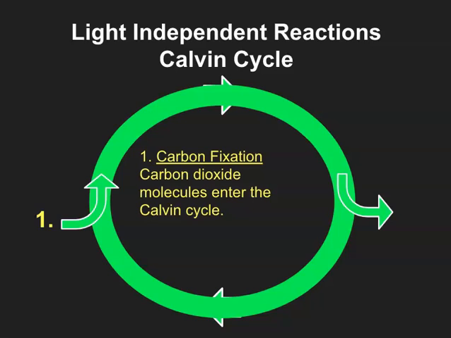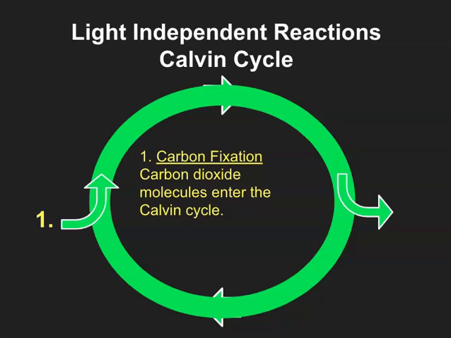As the energy-carrying molecules leave the light-dependent reactions and enter into the stroma, they then become a part of the light-independent reactions, also known as the Calvin cycle. The first step in the Calvin cycle is carbon fixation. Carbon fixation occurs when carbon dioxide from the atmosphere enters into the cell and is broken apart.